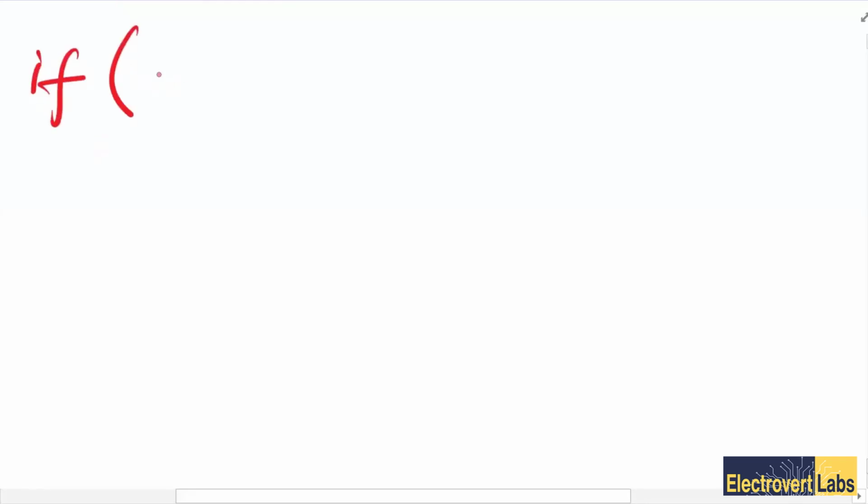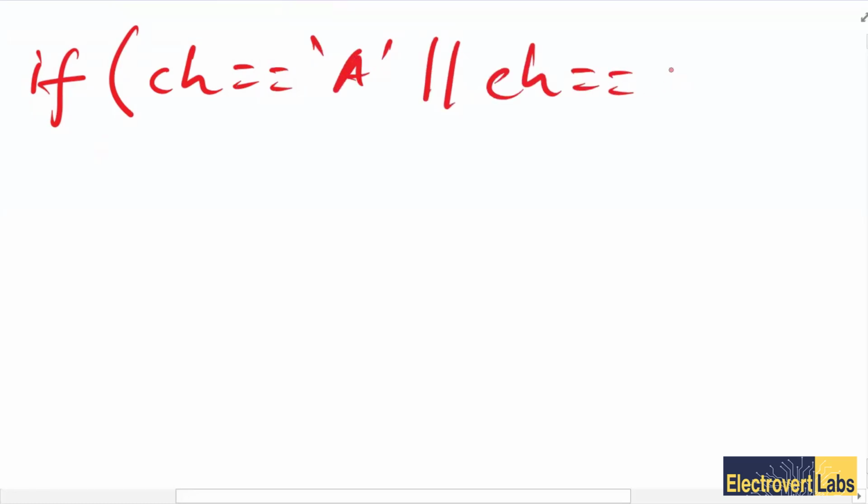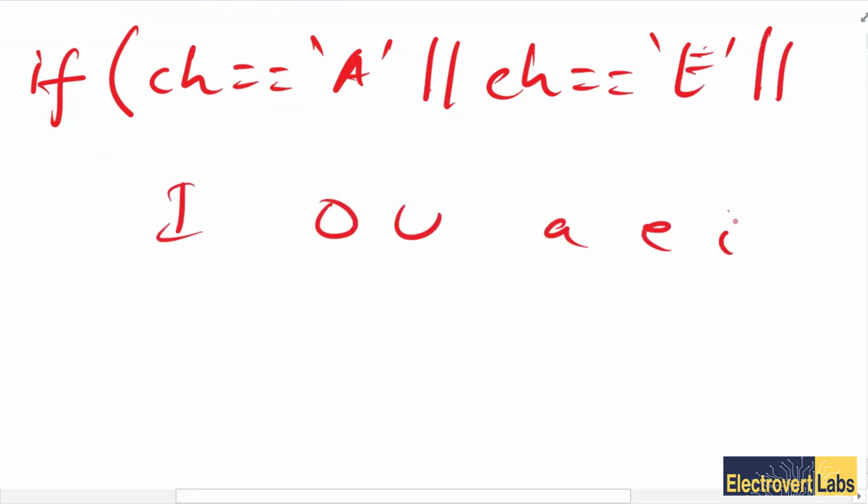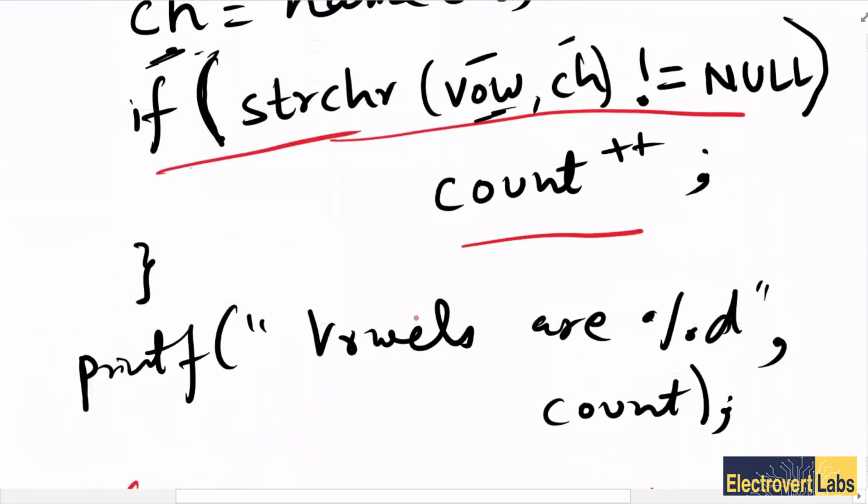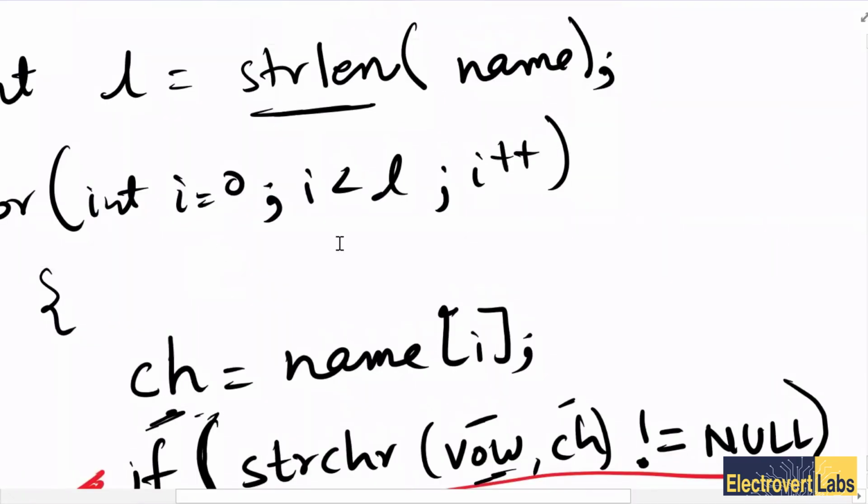You could have done it like this: if ch is double equal to capital A, or ch is double equal to capital E, or similarly I, O, U, small a, small e, i, o, u. So you can write 10 parts like this. This will also do the same thing, but I think that was a better way, so you can use it that way also.